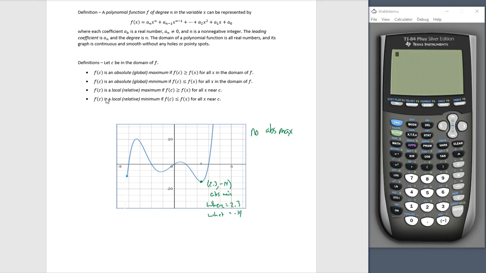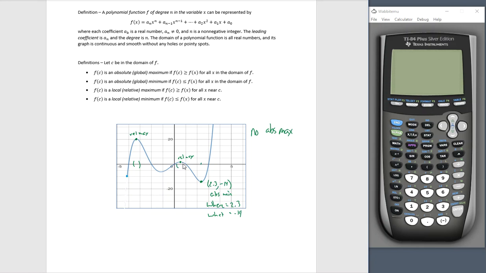All right. f of c is a local or relative maximum if f of c is bigger than f of x for all x just near c. So here we have a relative maximum because near there, in this little area around all these x values, that's the tallest y value. We see we have another relative maximum at about 1/2 comma 1/2.